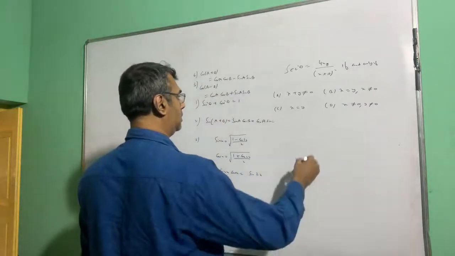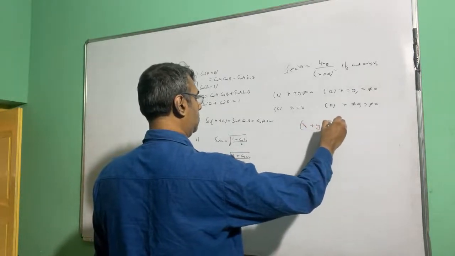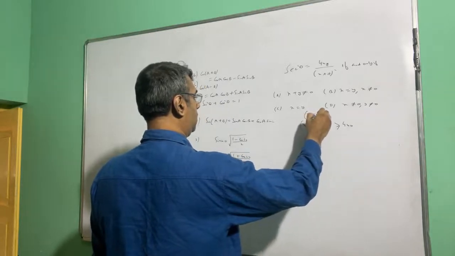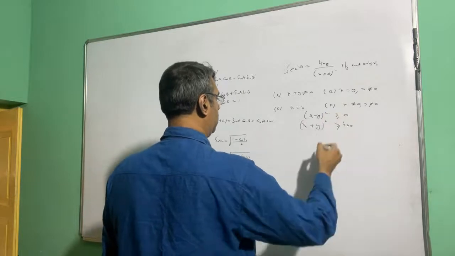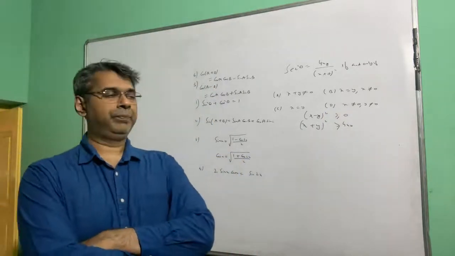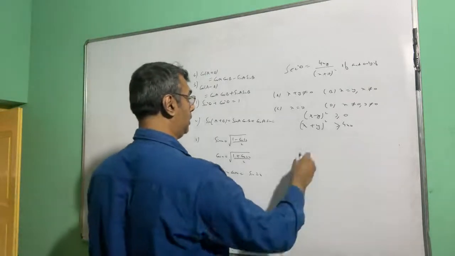Okay, so we are aware, as we have already discussed earlier today, that (x minus y) whole square is greater than or equal to 0. So in other words, (x plus y) whole square is greater than or equal to 4xy.